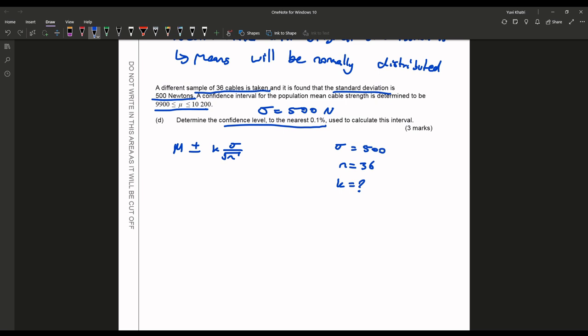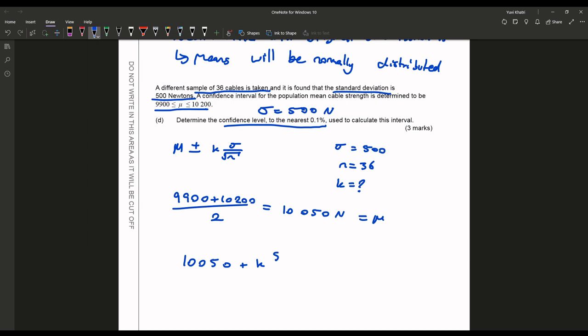So the mean is just going to be the midpoint of 9,900 and 10,200. So it's 9,900 plus 10,200 divided by 2, and that gets us the mean of 10,050 newtons. And that's our mean. Now, when we are doing our confidence interval, it's 10,050. We can just look at the upper bound right now.